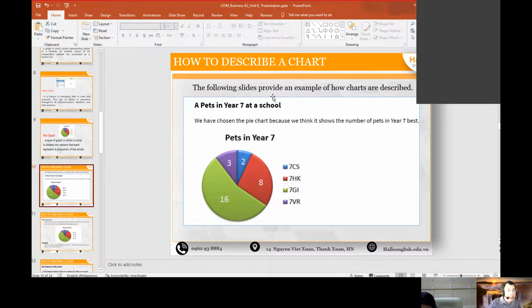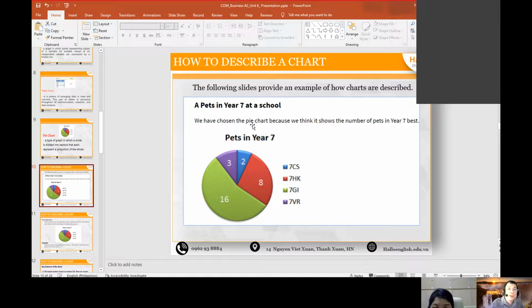The following slides provide an example of how charts are described. Let's say, for example, pets in year 7 at the school. So, can you read this one?